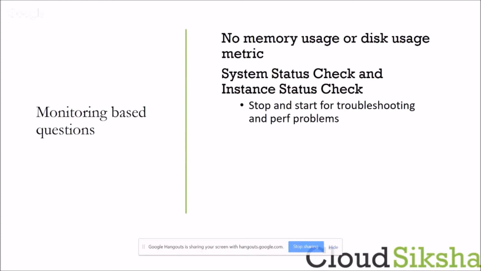I will also cover this when I do the webinar for the CloudWatch part. But here, a brief thing. One is, of course, when monitoring an instance, the hypervisor level metrics are the ones that are collected. So in that, you would get CPU usage percentage, but you will not get memory usage or disk usage.